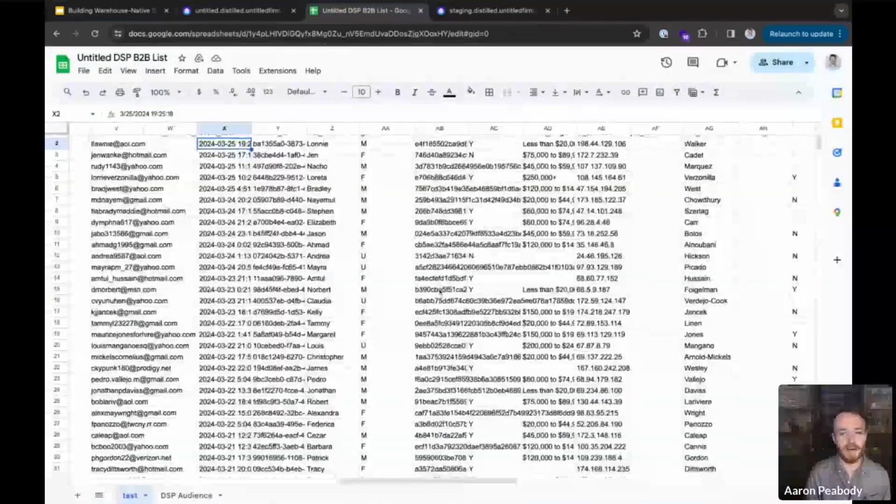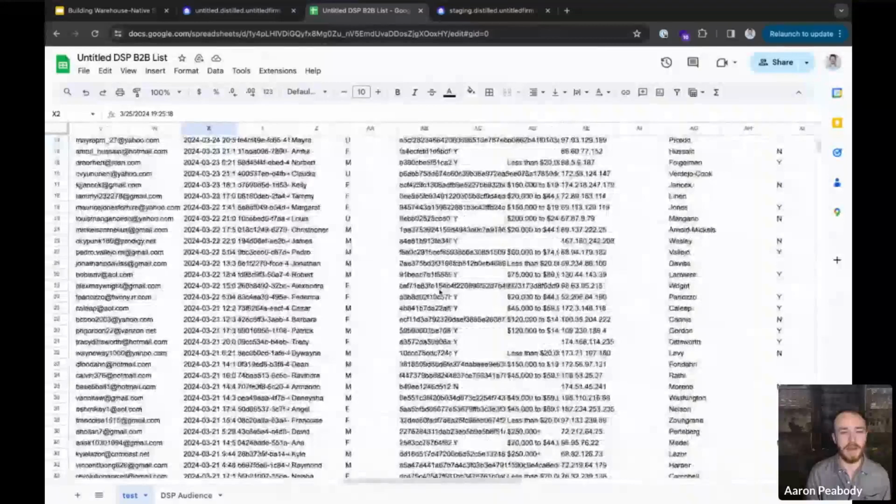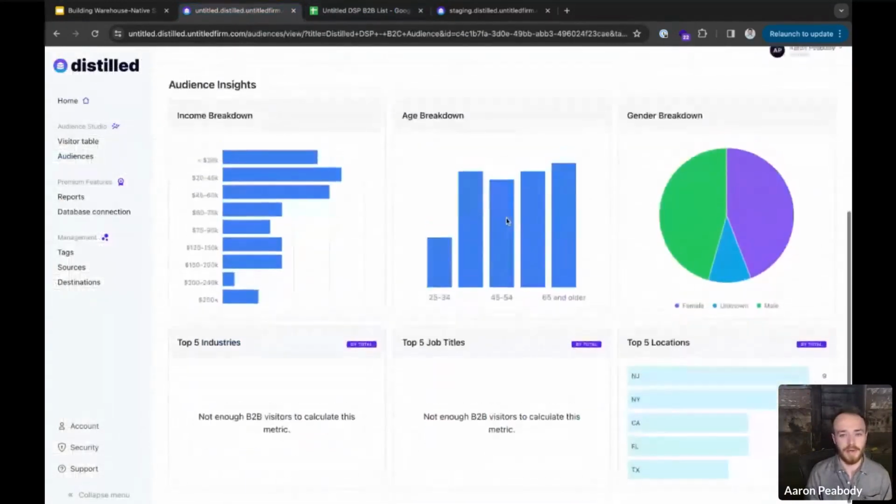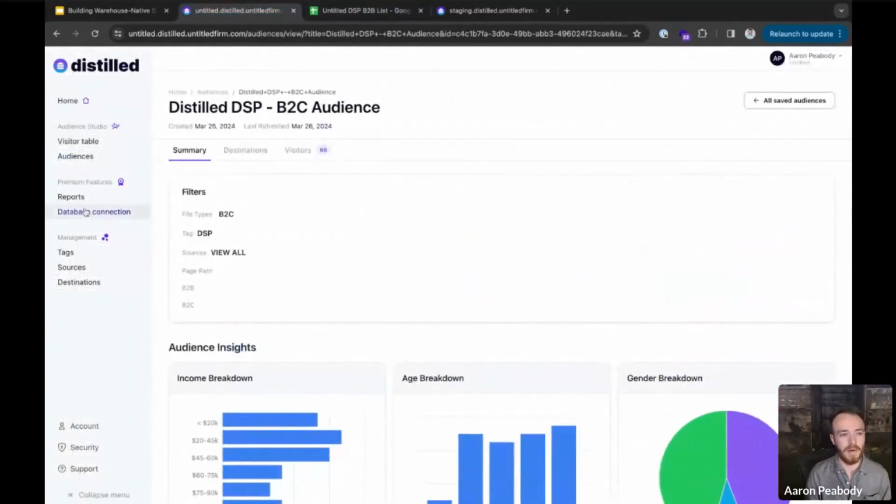But just for what it's worth, this is data that has been loaded from Census directly from Distilled, all programmatically, which is pretty cool. Again, to have this all available for our customers in a matter of weeks does speak to the power and robustness of these tools.